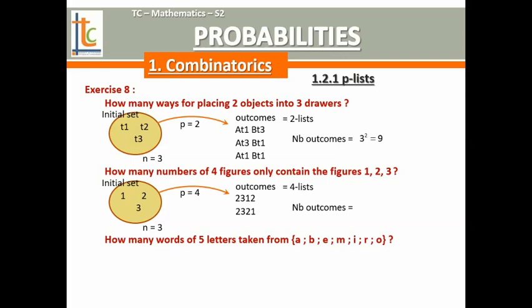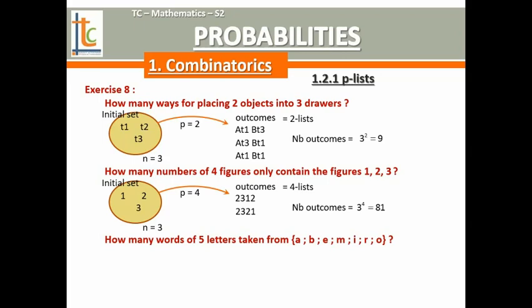Yes, we just said that the repetition was unavoidable. You are in p-lists, and the number of outcomes is 3 power of 4, that is 81. If you are courageous, you can write them all, from 1111 to 3333.